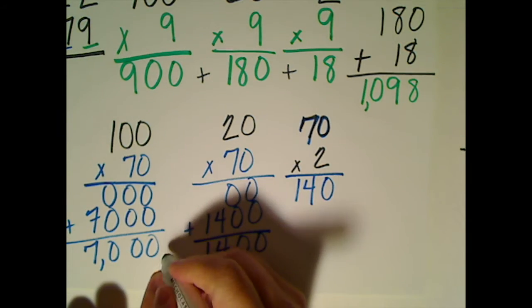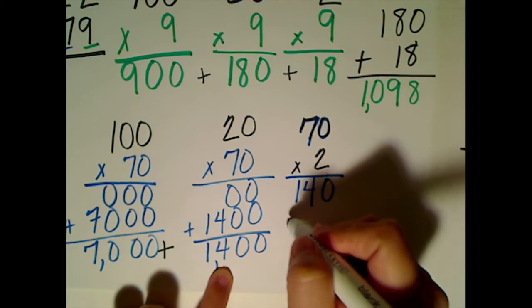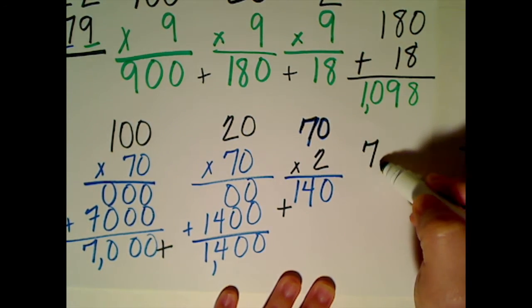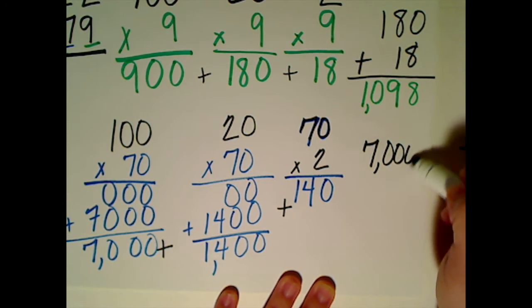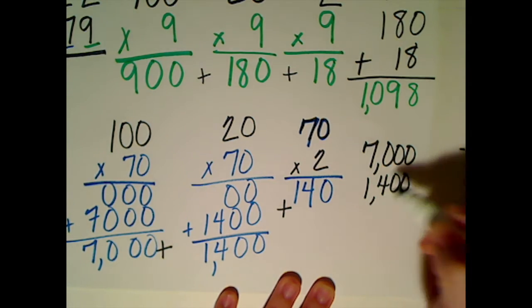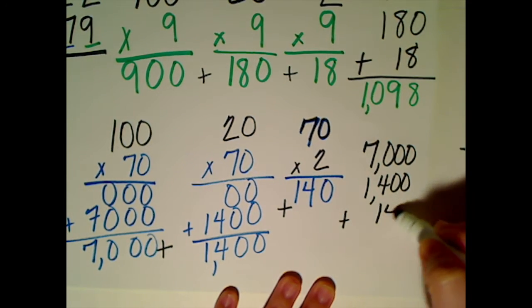Okay, and what do we do? We add all these products together. So we would add 7,000 plus 1,400 plus 140.